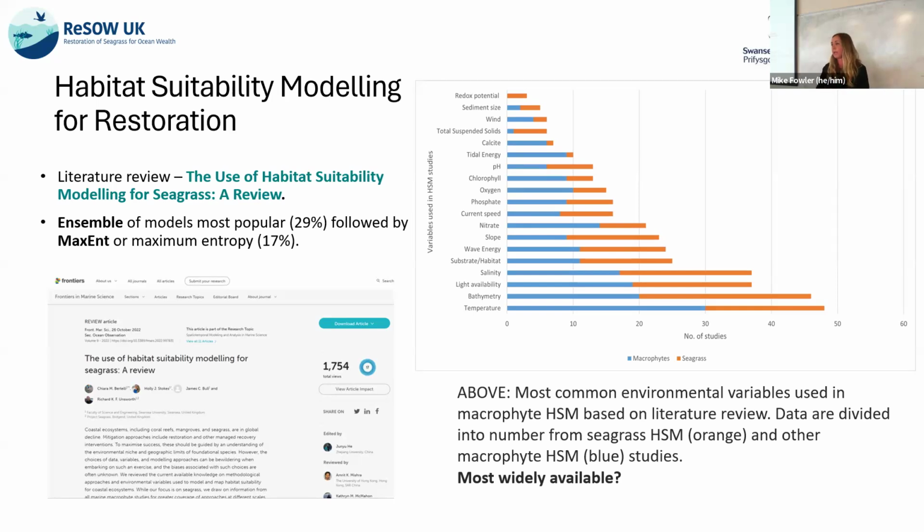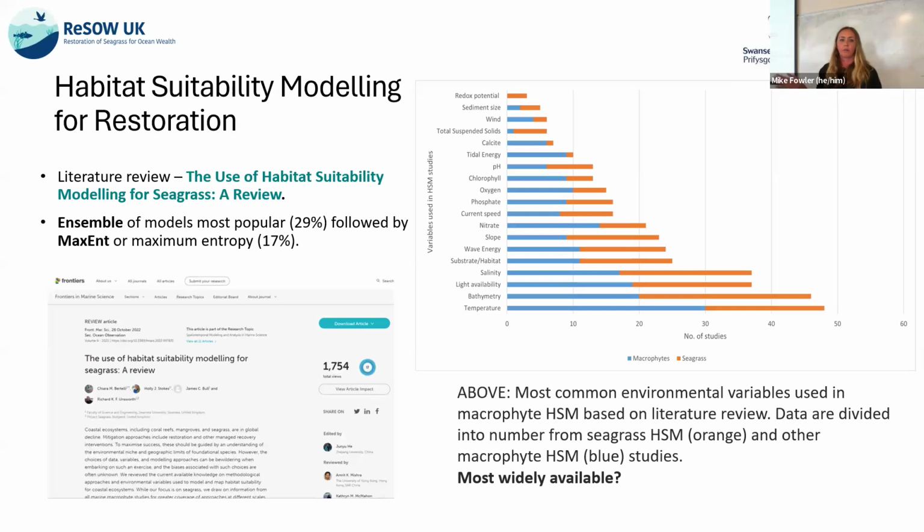We found there weren't that many studies that were done on just seagrasses, so we expanded it to marine macrophytes, including algae and wetlands, and then looked at those studies to see what variables they were looking at for their modelling and what model methods they were using. And we published this a couple of years ago, and we found that the most popular method was using an ensemble of different methods, so using lots of different methods, taking an average, followed by maximum entropy, another method that was really popular in the studies.